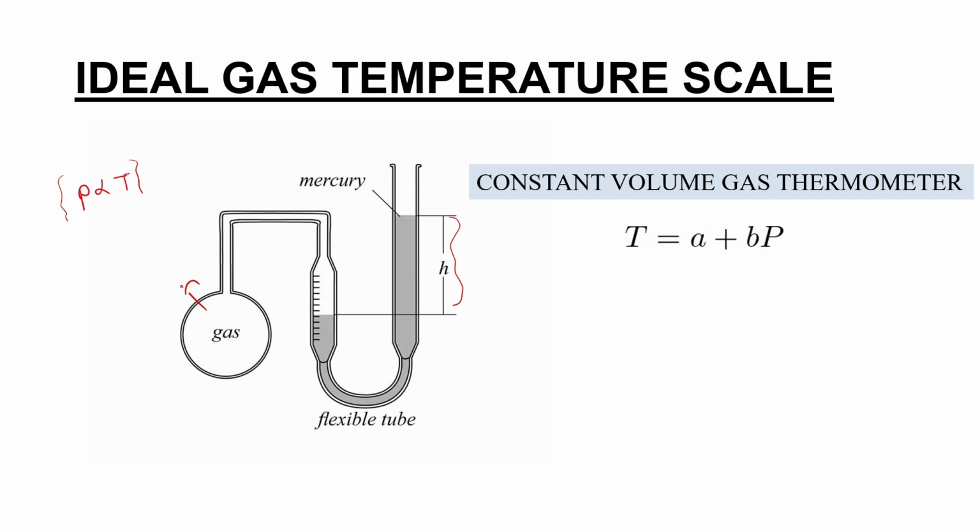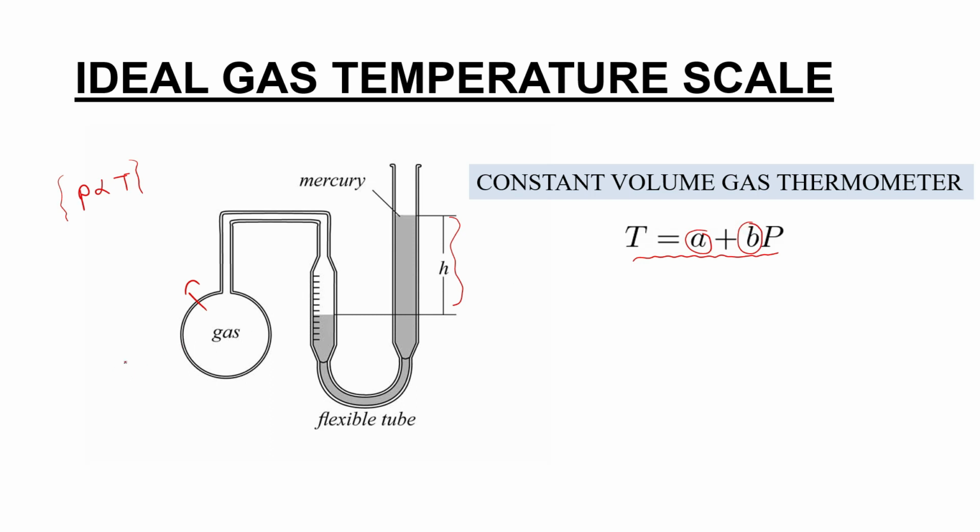So the pressure of the gas increases with respect to temperature, which gives us this equation, that is T is equal to A plus B into P. So if we find out A and B, you can easily measure the temperature of any substance.